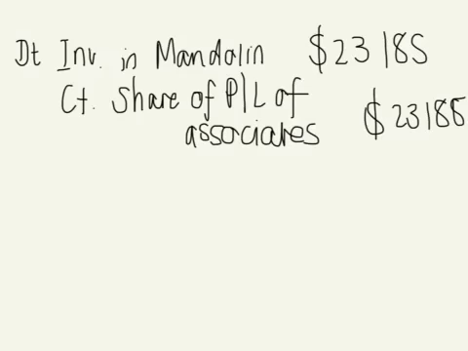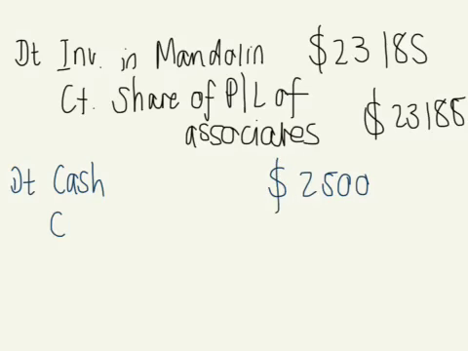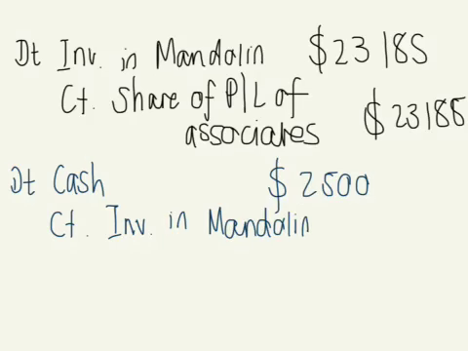However, the journal entries that he'll pass, with regards to the first dividend payment, are: debit cash, because we've received the money, and the dividend was $10,000, so our share is $2,500. And credit, we reduce our investment in the associate, because when we pass this entry, we work with a profit figure before any distributions to the shareholders.